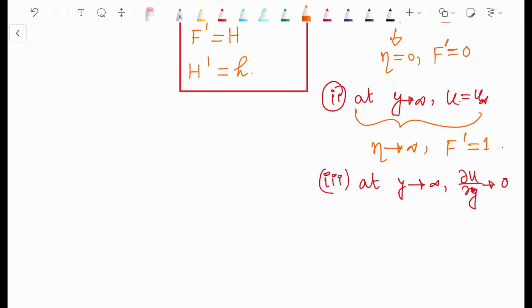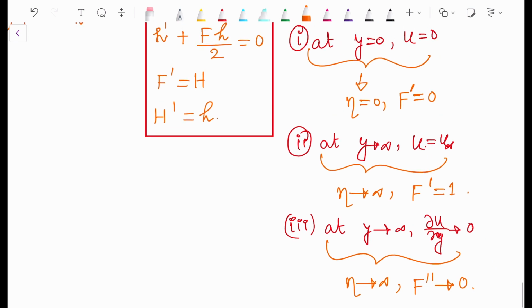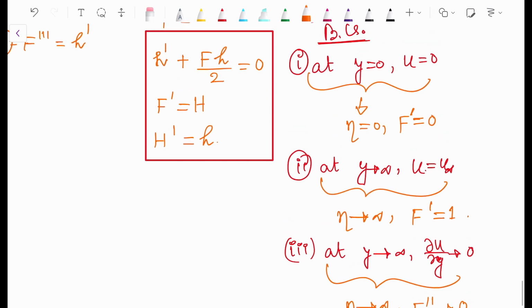That means at eta tends to infinity, u is f dash, and capital F is small f dash, so this will go to 0. Then I have three boundary conditions.